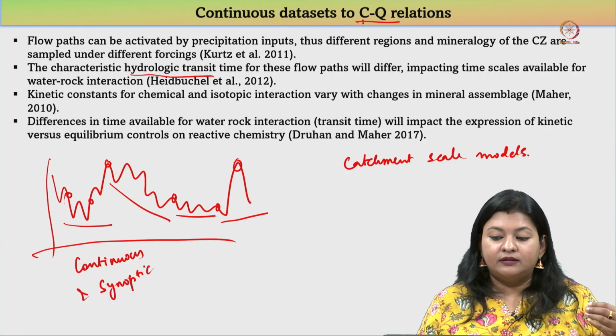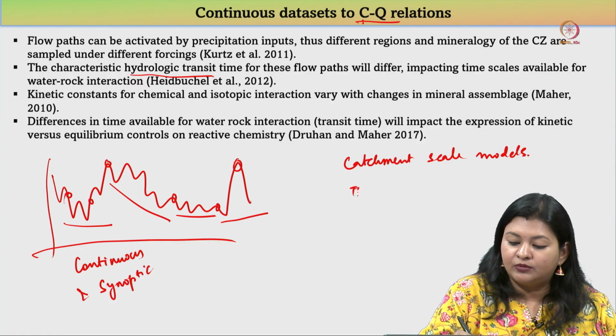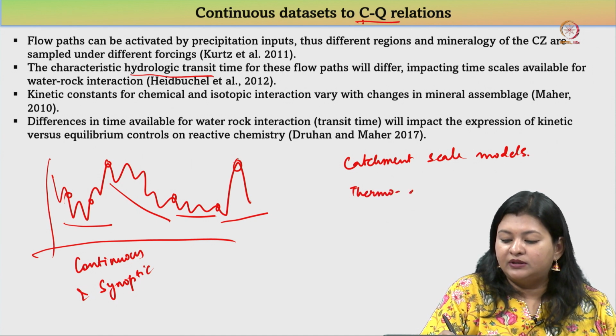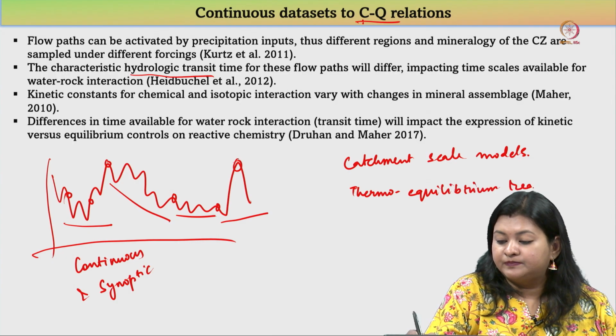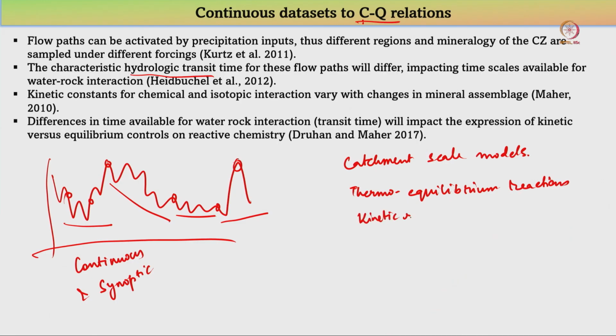And these kinds of models take into consideration thermodynamics and equilibrium reactions and kinetic reactions, along with the hydrological time scales, and how much of the C is explained by the Q.